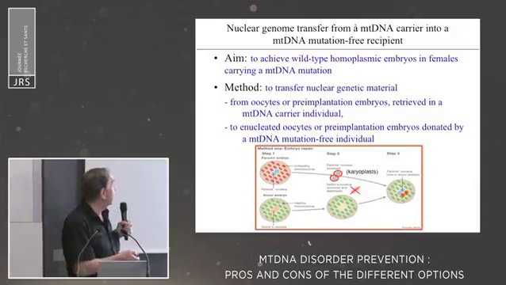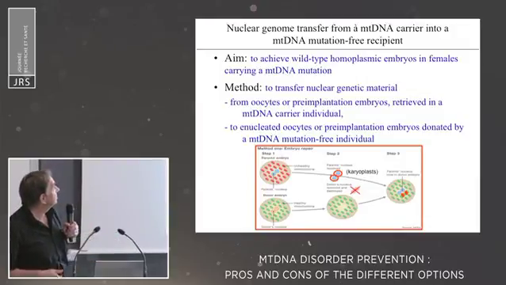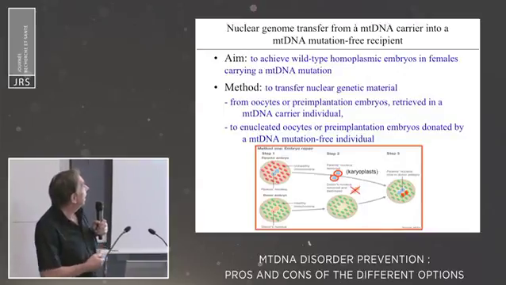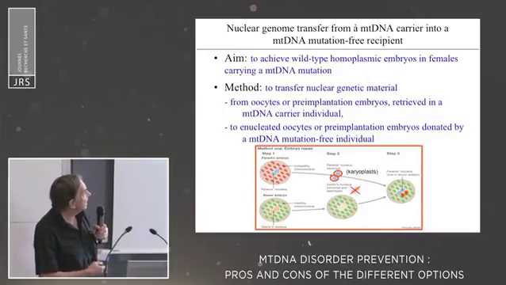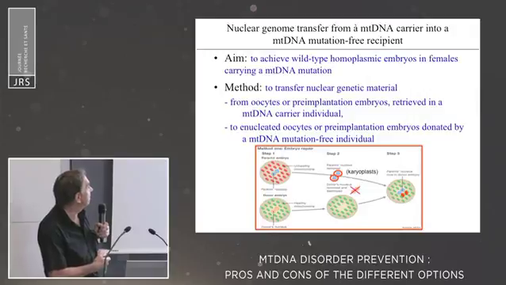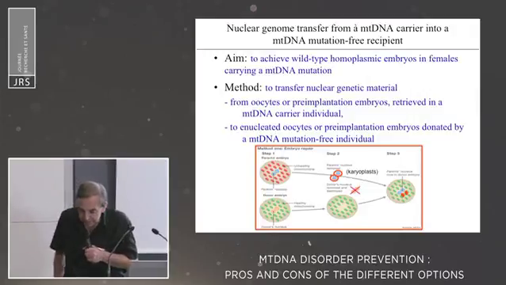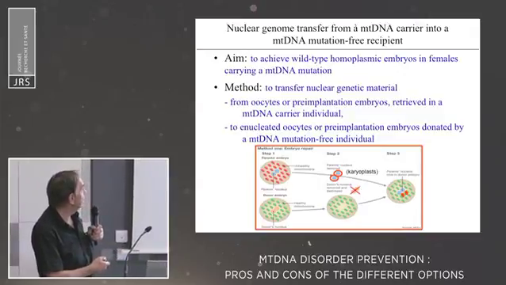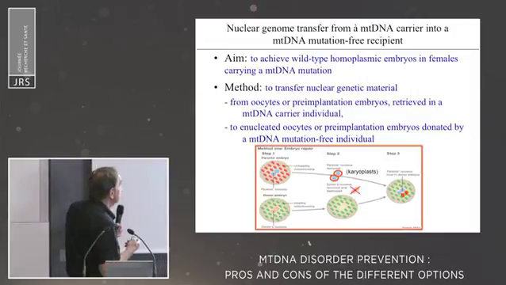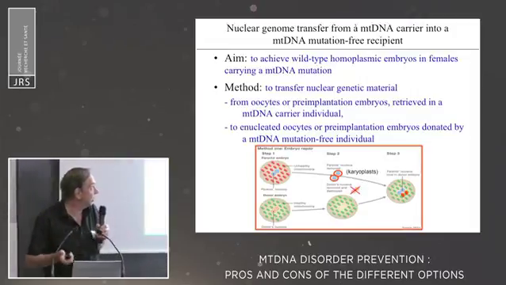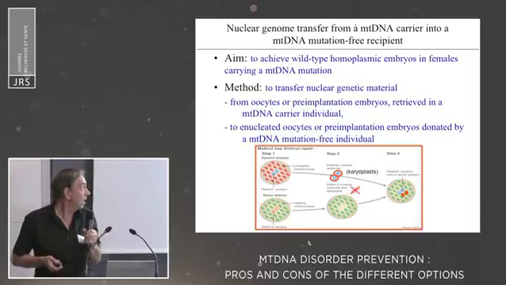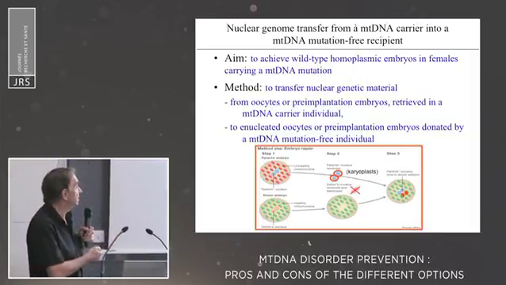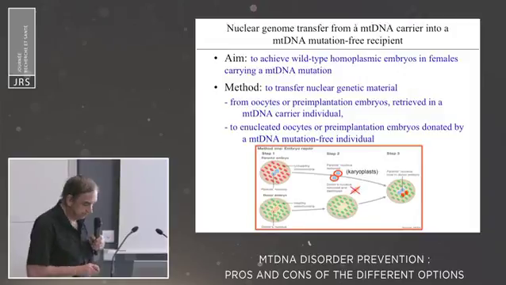As mentioned by Andy, nuclear genome transfer procedures aim to achieve wild-type homoplasmic embryos in females carrying an mtDNA mutation. The method, as described by Andy, is to transfer nuclear genetic material from oocytes or pre-implantation embryos retrieved in a carrier to enucleated oocytes or pre-implantation embryos donated by a mitochondrial DNA mutation-free individual.